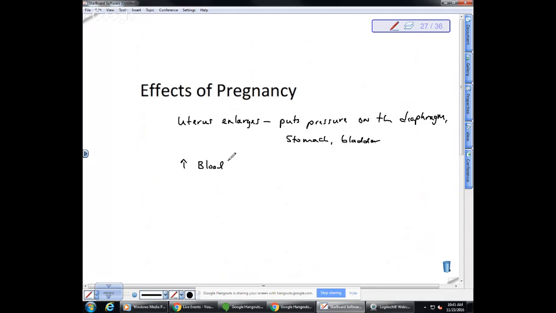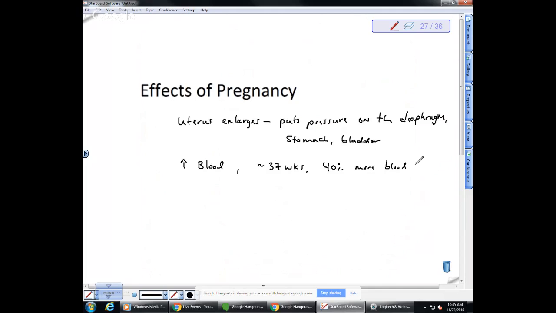So we'll say at about 37 weeks of pregnancy, we have about 40% more blood.